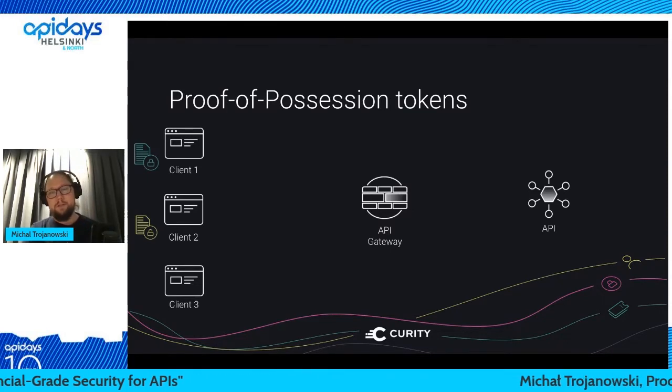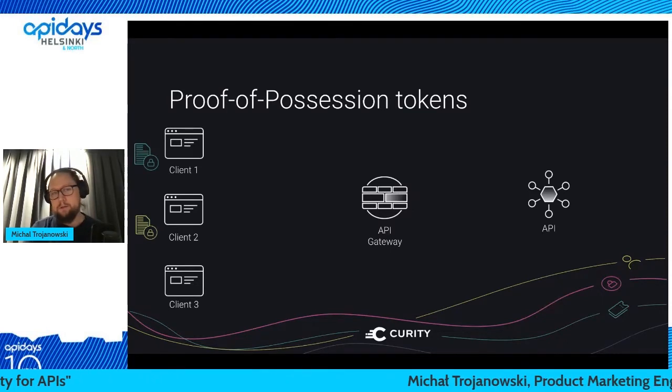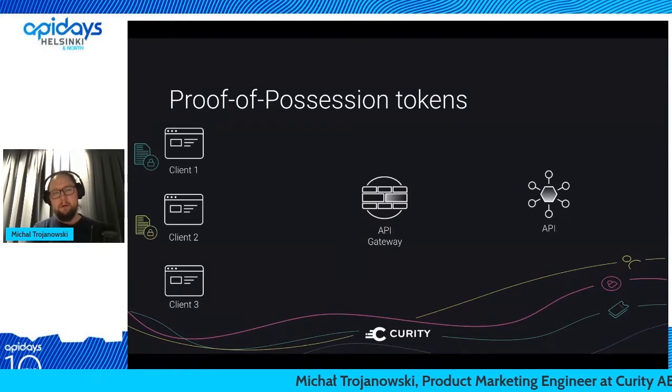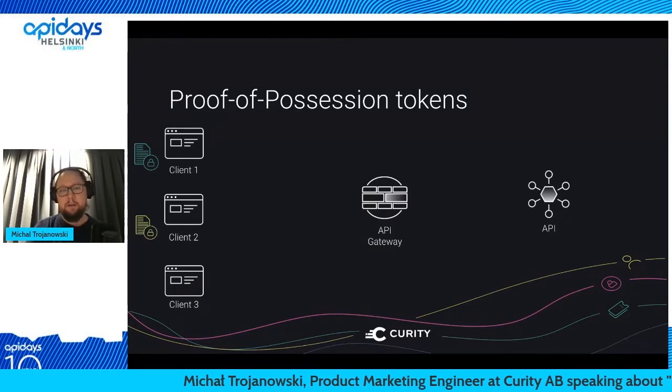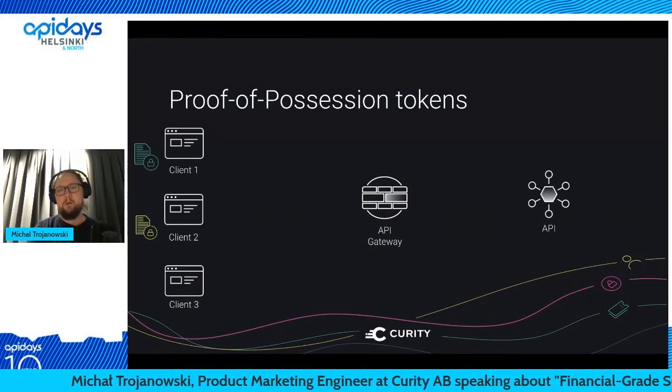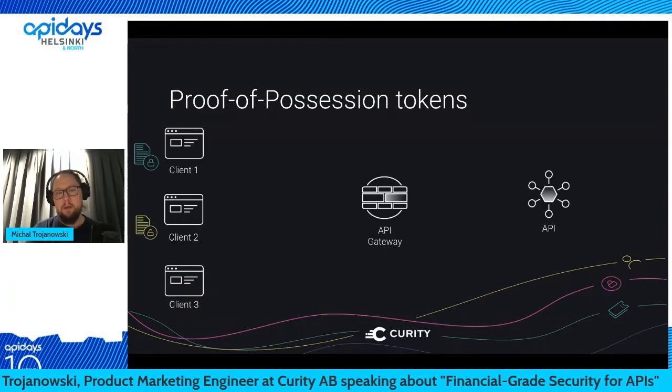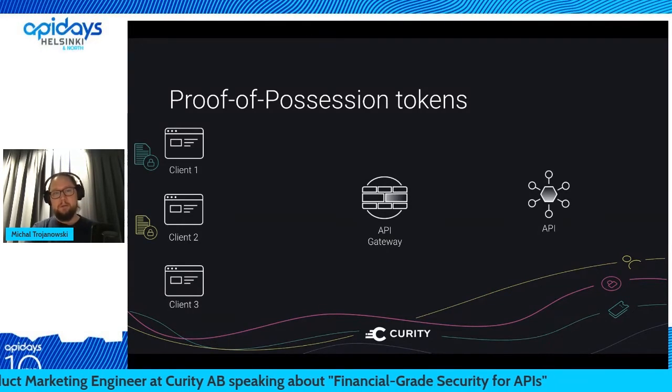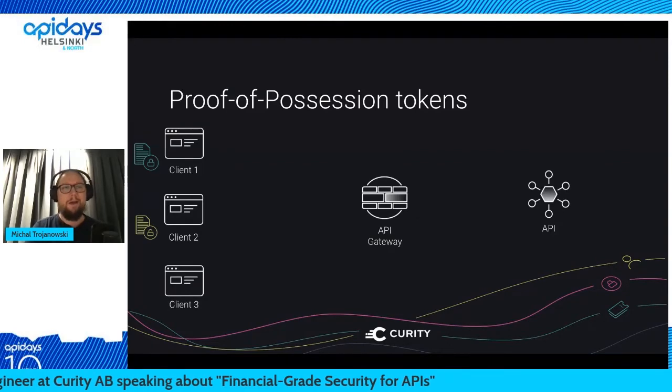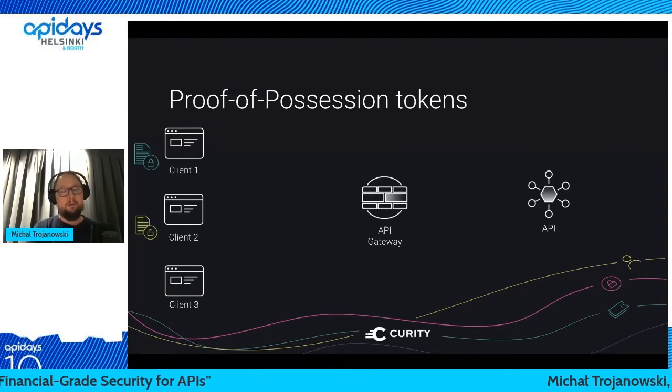And proof of possession tokens work a bit more like credit cards. So now the receiver has to know the identity of the client to check that they really can use that token. And when you come to a store with a credit card, they should, maybe they don't, but they should verify if it's really you, if it's really your card.